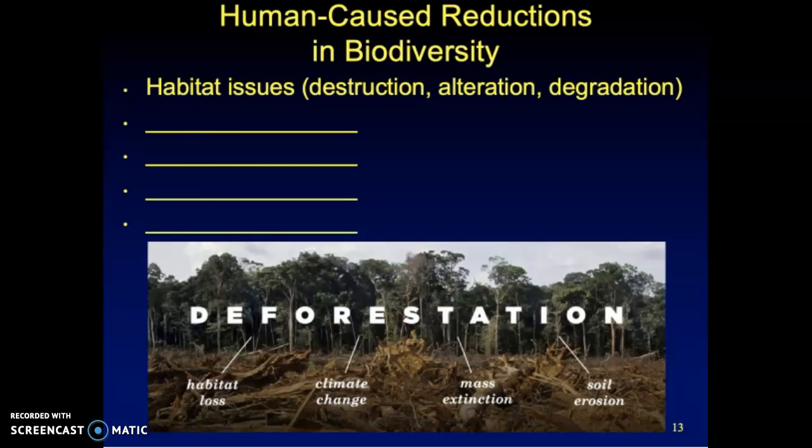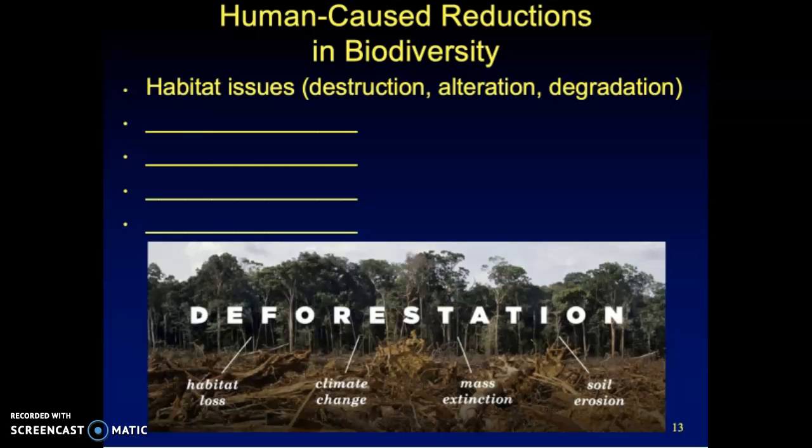Simply, you take the habitat away from a species, and it's hard to reproduce and maintain a viable population. That is the biggest culprit. That's responsible for about 60 to 65% of species going extinct in our lifetime right now, current species extinction. Again, not the only cause, but if you're going to pick one cause to go after that's going to have the biggest positive impact, address habitat issues. That's going to save a lot of species.